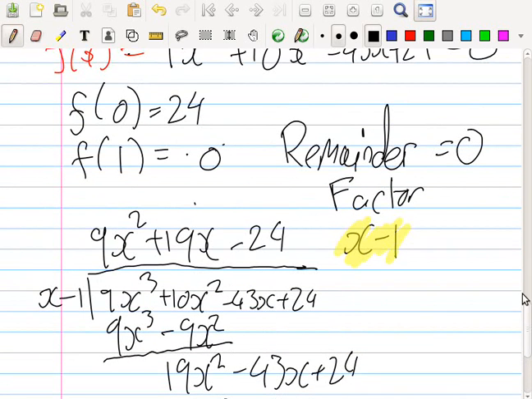Now, the other two factors, where do they come from? From the quadratic here. So we need the two factors here. But you can cheat by using your calculator, because you can type in mode 53. So if I type in mode 53, you got 9, 19, minus 24.